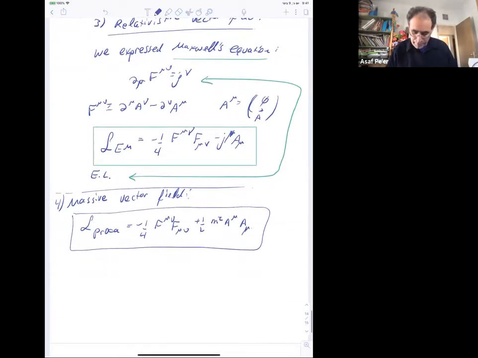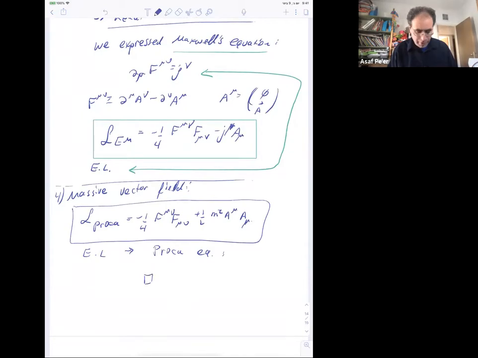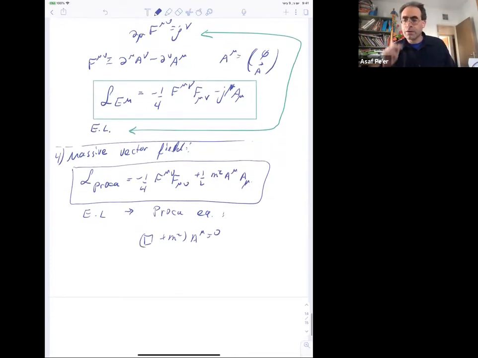And if you do the Euler Lagrange, it gives you back the Proca equation: box plus m squared A mu is equal to 0. Okay. Do it at home. Promise me?